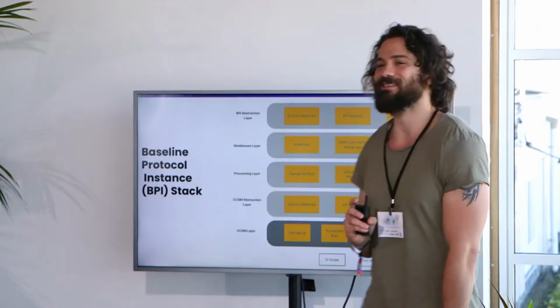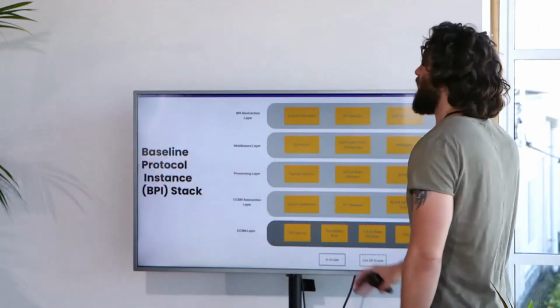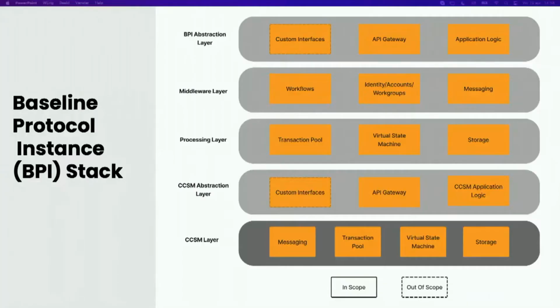All right, so this is another image from the standard. We have the baseline protocol instance. The CCSM layer is not part of it. This is just an example of a BPI, how it was originally designed. This gets a bit technical, so I'm not going to go through it all, but we can see that within a BPI, we'll have, let's say, a middleware layer.